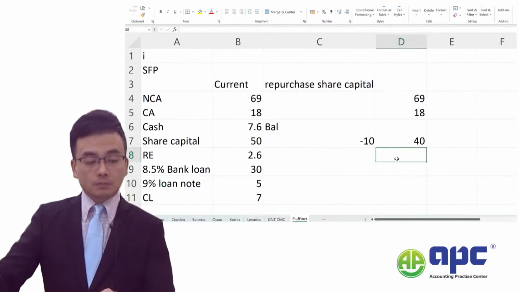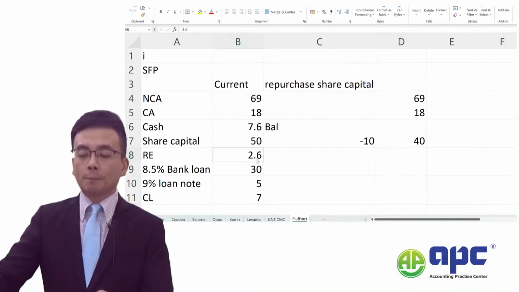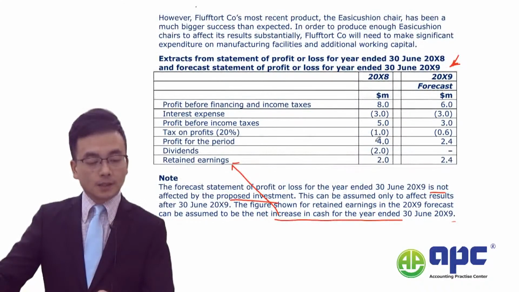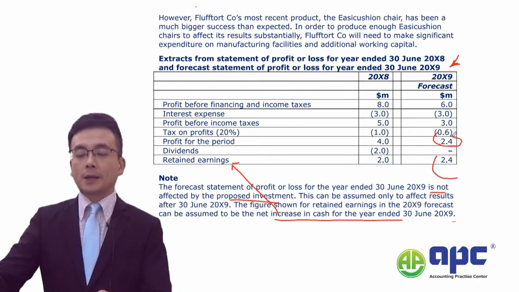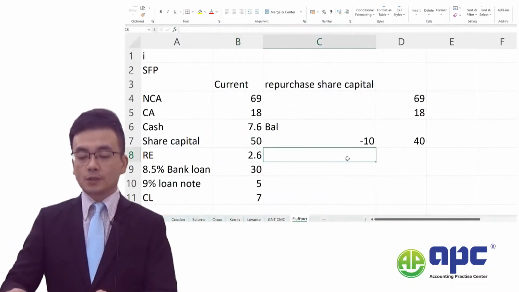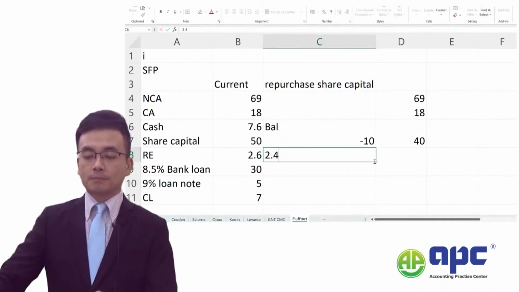Now, how about the retained earnings? For this year, if we forecast that, we can make 2.4 as the net profit. The closing retained earnings is a plus, which means adding 2.4 there as the net profit.